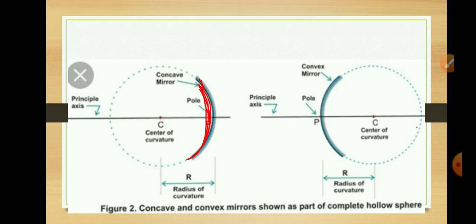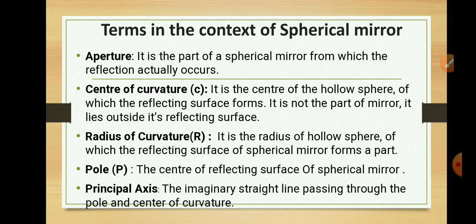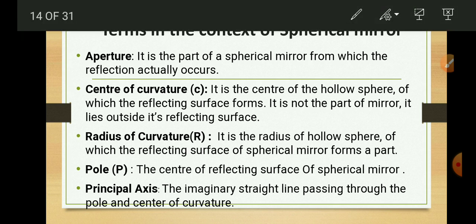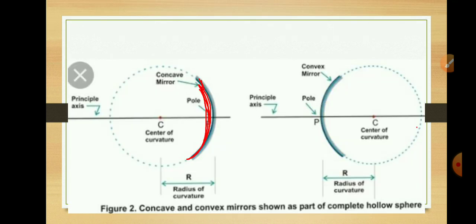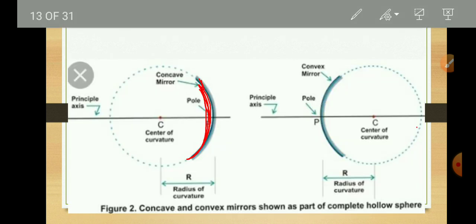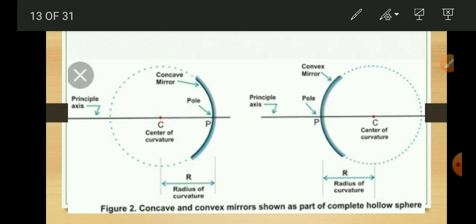Another term is center of curvature. It is the center of the hollow sphere of which the reflecting surface forms a part. Just now we discussed how a spherical mirror is formed. It is formed from a big hollow sphere, and the center of that big hollow sphere is called the center of curvature.